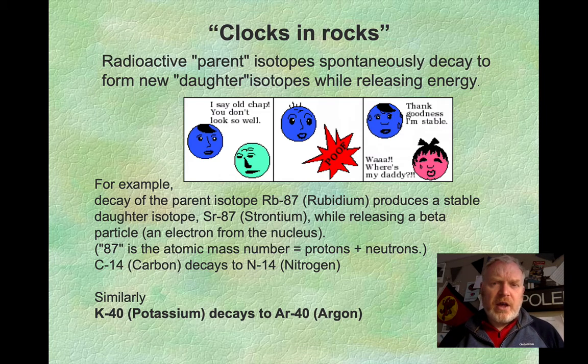People have heard about carbon dating, but as we'll see, carbon dating is very limited in its use in geology. Perhaps far more commonly used, and one we do need to be aware of, is the decay of potassium-40 to argon-40. And it's that we're going to explore in more detail in this lesson.